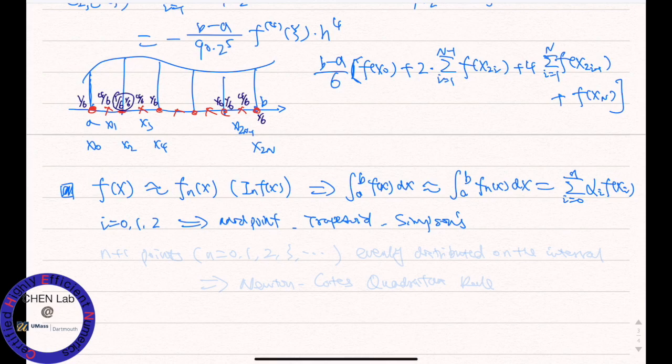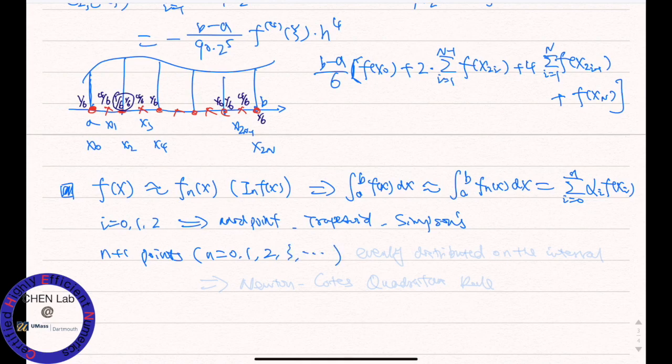The same framework. You can keep going, of course: degree 3, degree 4, and there's a name for this. If you put n, so it's n plus 1 points, with n equal to 0, 1, 2, 3, and so on.